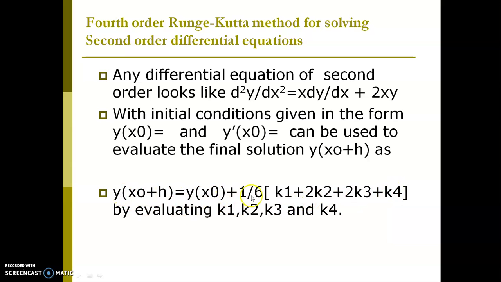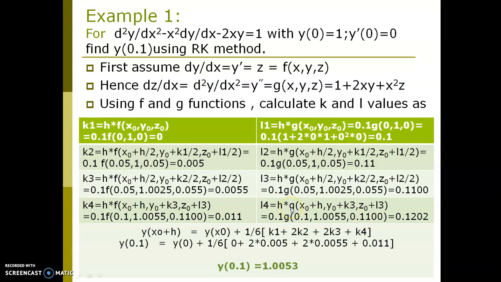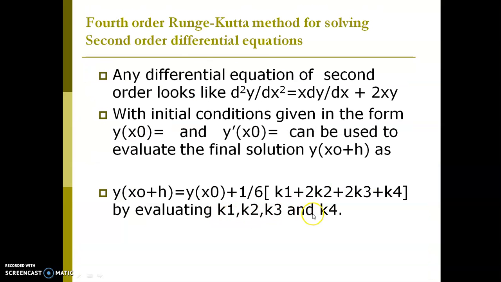This formula is nothing but the formula given by fourth order Runge-Kutta method, which we have studied for first order differential equation. How to make use of this formula and how to evaluate k1, k2, k3, k4 is to be learned for second order differential equation.